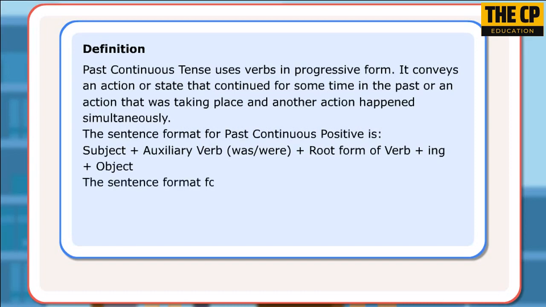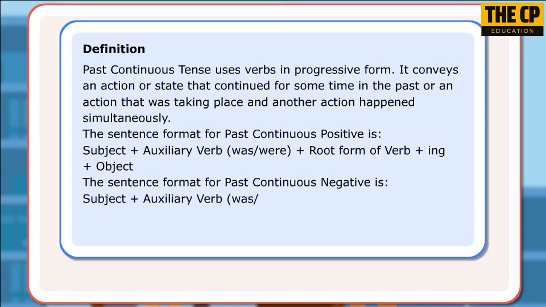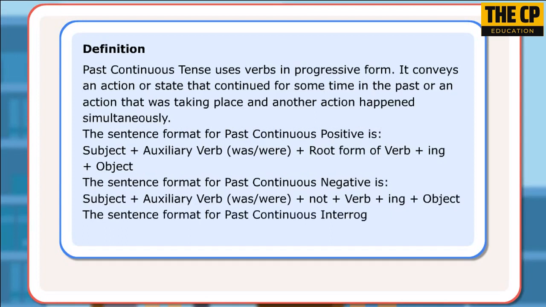The sentence format for past continuous negative is subject plus auxiliary verb, was or were, plus not, plus verb, plus ing, plus object. The sentence format for past continuous interrogative is auxiliary verb, was or were, plus subject, plus verb, plus ing.